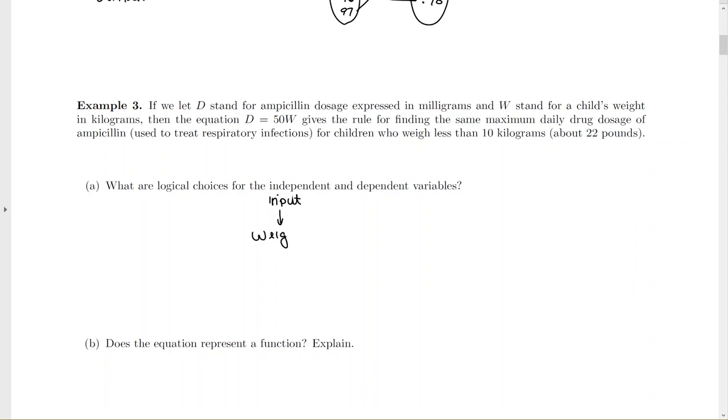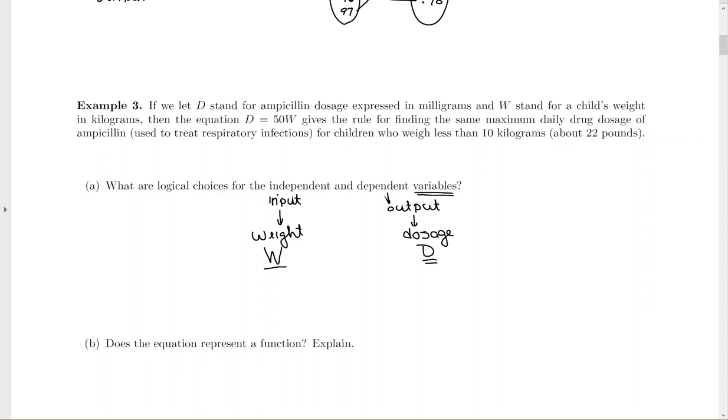So weight, and the variable is a letter. So the independent variable is W. The dependent is the output. All right, my output in this case is D, and that was my dosage. And we're looking for a variable, so the variable would be D.